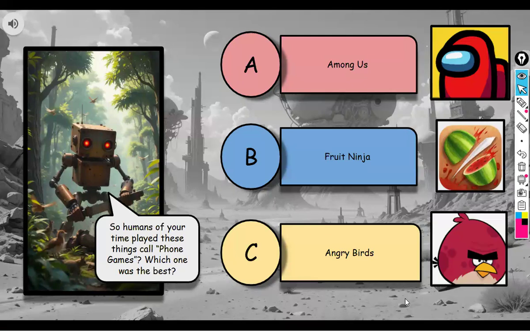All right, votes are in, right? And the poll. Ah, this one is disappointing. So apparently, Among Us is the most popular. For the people who chose that, 10 points. Fruit Ninja, which I think is a pretty cool game, 5 points. Angry Birds people, 1 point.